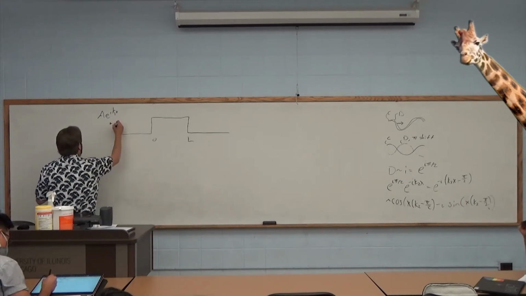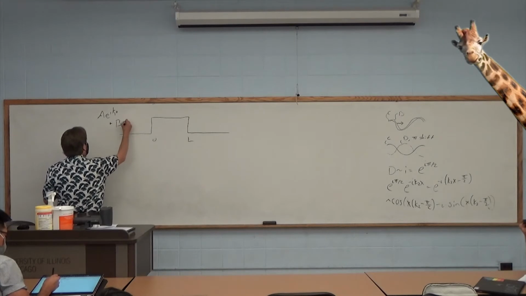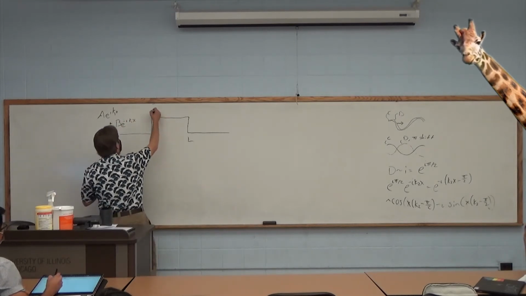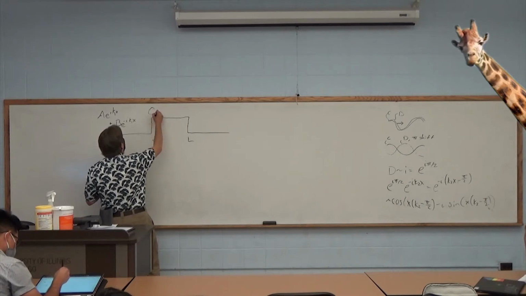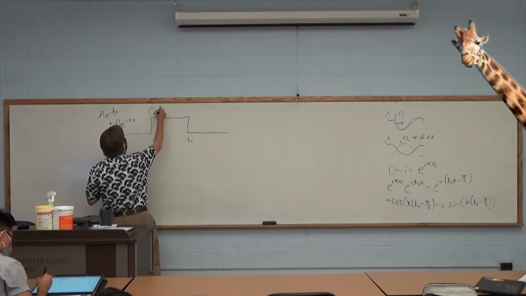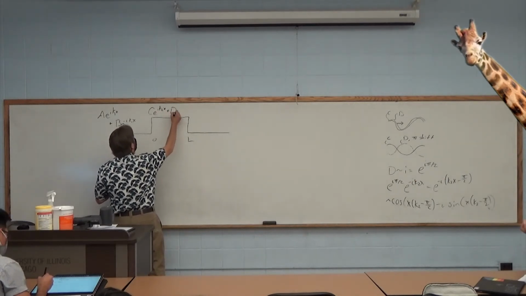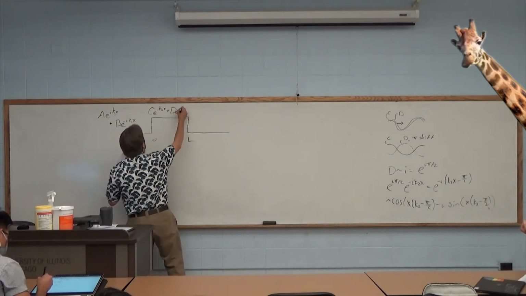Well, the first thing it's going to do is bounce off that first barrier, and of course, if it does hop over, then you'll get a C wave.